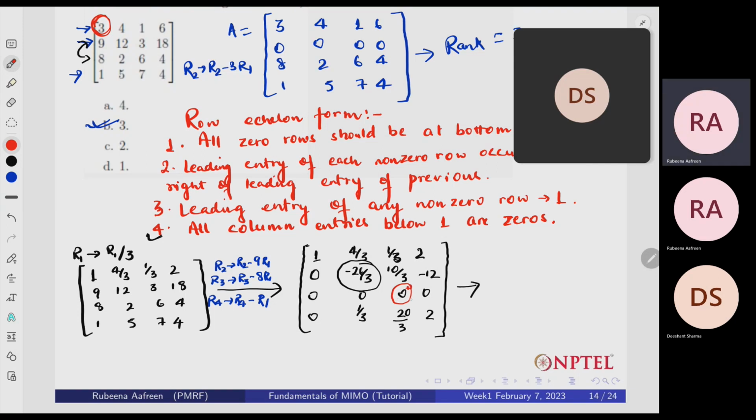And this third pivot is 0, so we will replace this R3 with R4. And then we will follow the same steps. So the reduced matrix will come as 1, 0, 10 by 30, by 30.